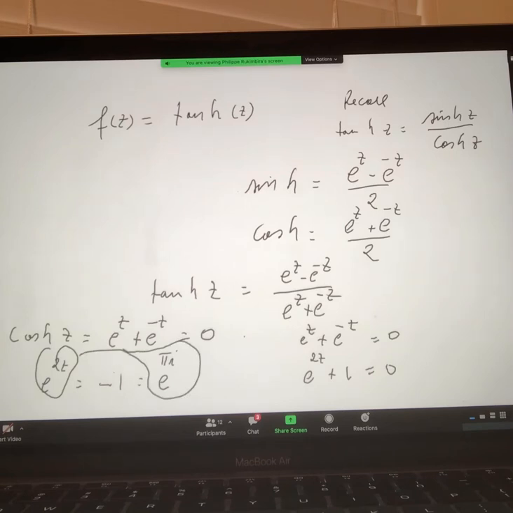Exponential 2z equals exponential pi I. What are the solutions to this?